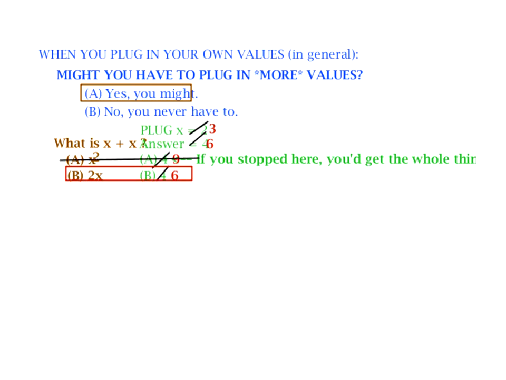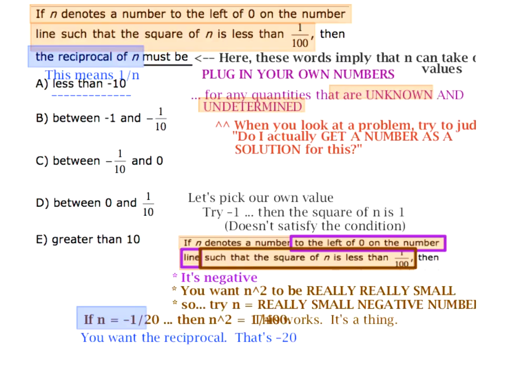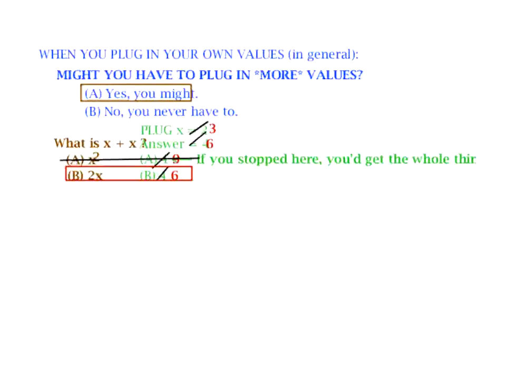The example is very simple, but make sure you understand that if you stopped at A with 2, then you would get the whole thing wrong. So the point is, make sure you understand the exact circumstances under which you should plug in again. Some people would waste their time plugging in again on a problem like this, and you don't want to do that. You only want to plug in again if there's more than one choice that survives the first round.